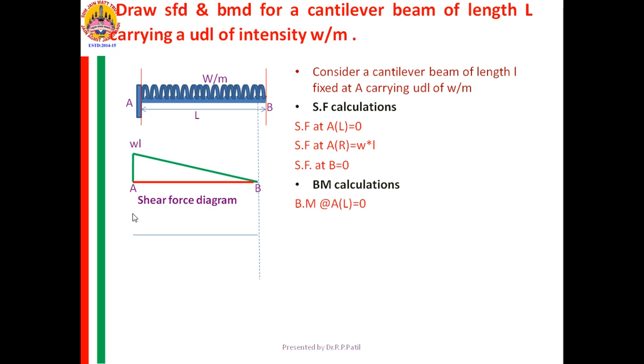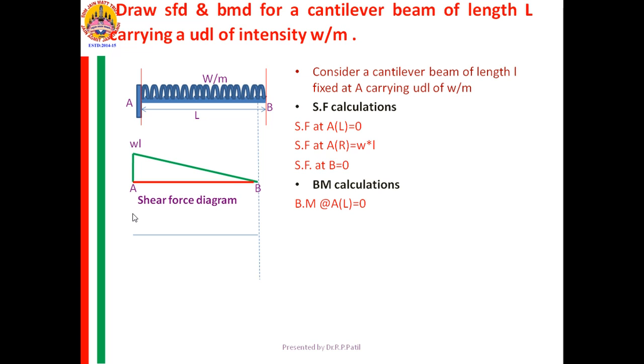Again, I want BM at A right, but at A couple is there. Right side I am taking and right part I am taking. Couple is remaining on the left part only. Therefore, I am seeing the right side of it. Yes, only one load is there. That is UDL.